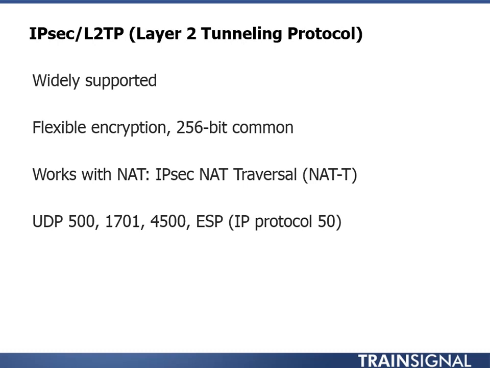Now these nerdy IETF engineers that I was talking about, they're brilliant. And one of the things they've done with L2TP is to provide for any sort of encryption that you want. So L2TP doesn't have to work with one particular algorithm, though there are a set of encryption algorithms which are commonly used. And the most commonly used encryption algorithm is 256-bit.